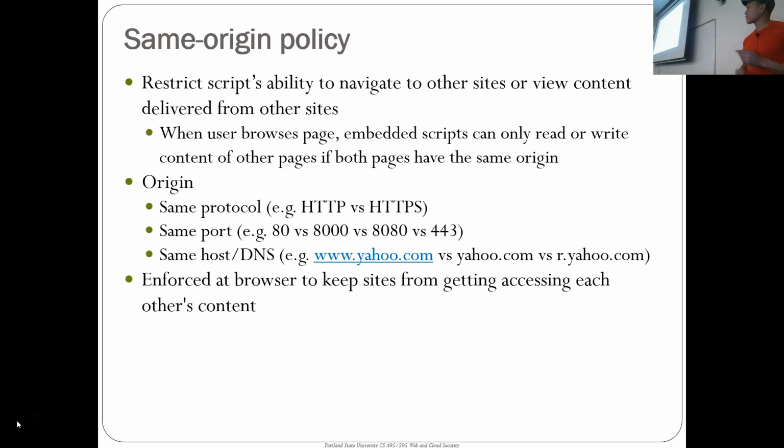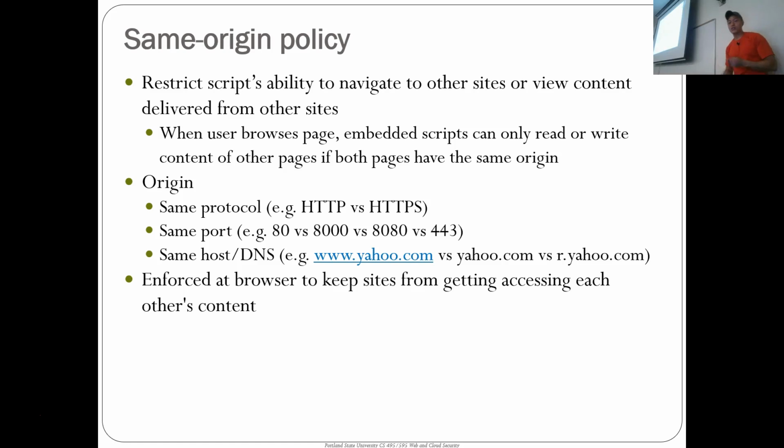So you restrict a script's ability to navigate to other sites or view content delivered from other sites unless the page, the server, or the content you're accessing has the exact same origin as you. Okay? So this prevents you from being able to access other kinds of content outside of your domain.